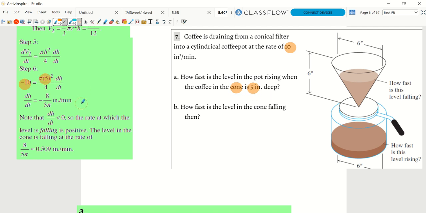Then basically I just do some algebra and isolate for dh/dt. For my purposes, this is good as your final answer, but they changed this to positive later on, because falling already implies negative. Falling implies negative, which implies negative 8 over 5 pi.